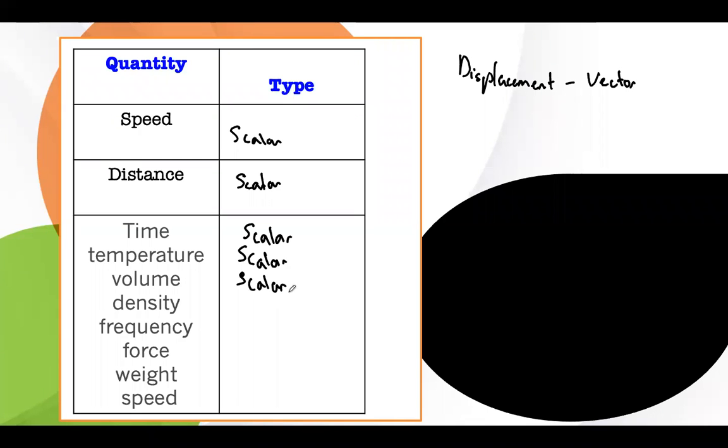And density? What is density? Scalar or vector? Scalar. And frequency?